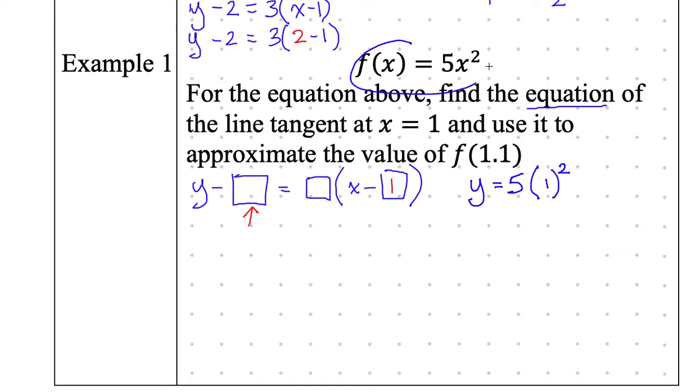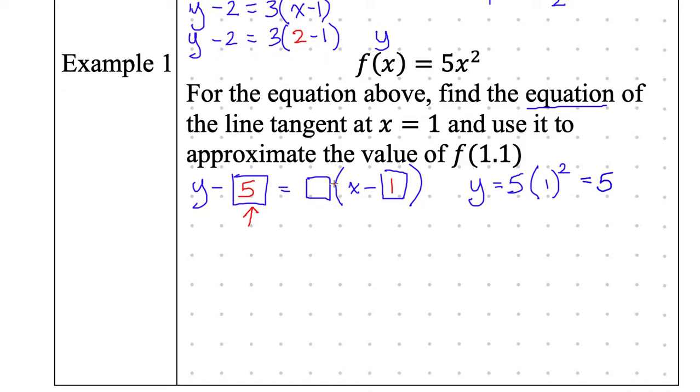Again, I'm plugging into this equation. Instead of saying f of x, I'm just saying y, because this is the same thing. So 1 squared, mental math, go. 1. 1 times 5? 5. All right, so let's come back over here and say our y coordinate is 5 because we plugged our x equals 1 into our equation.